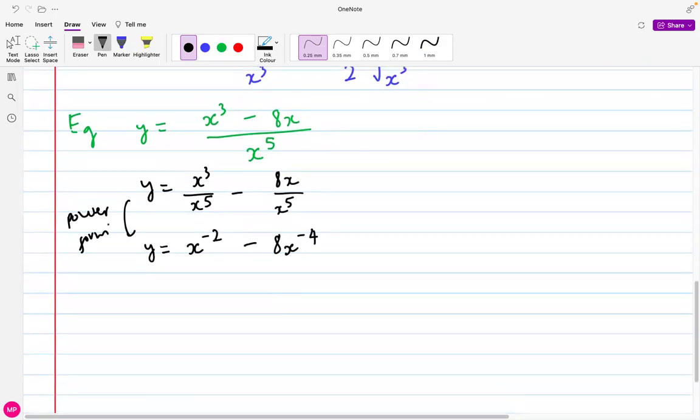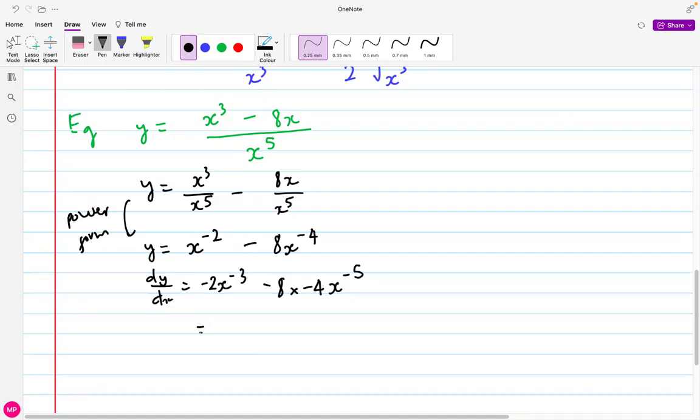And then you're ready to derive it. So you have dy on dx equal, so negative 2 you bring to the front, and then you take 1 off the power, becomes negative 3, minus negative 8, x to the negative 4. So negative 8 is a coefficient, keep it, and then negative 4 take to the front, and then times x to the power of negative 4 minus 1 is negative 5.